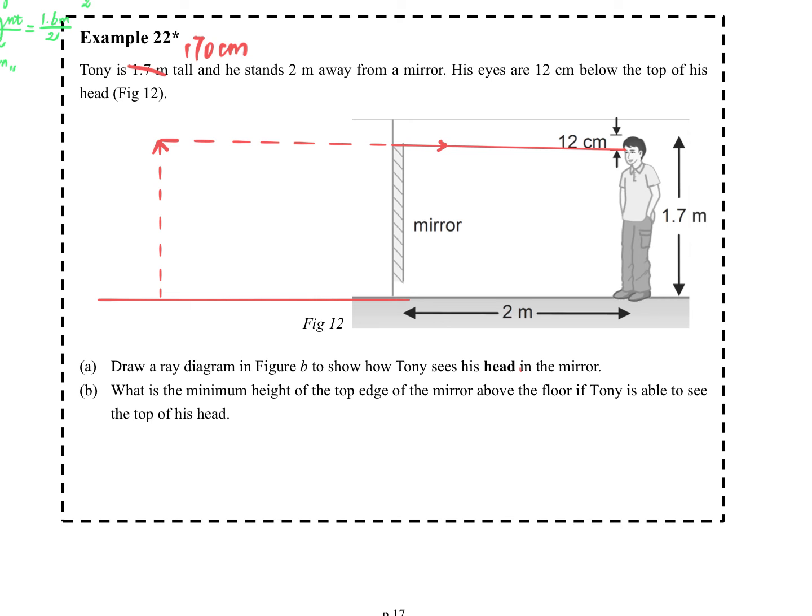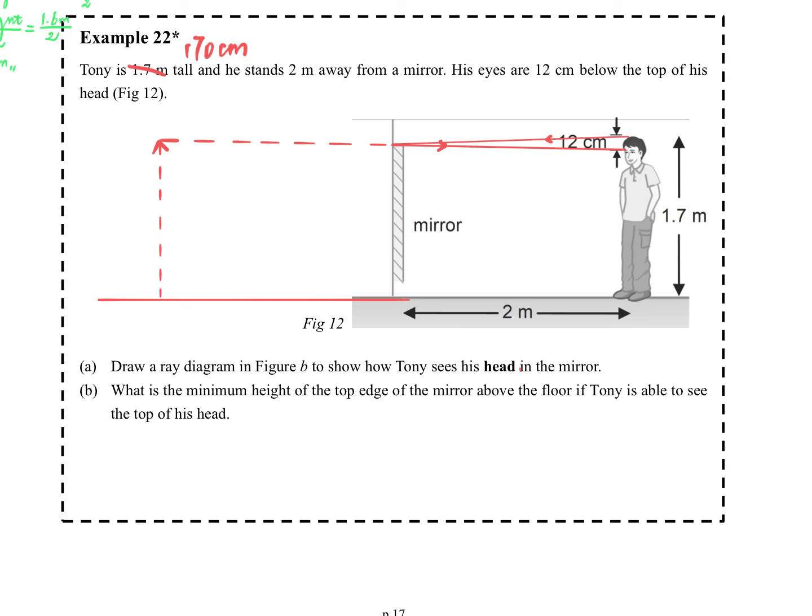He perceives that the light ray comes from the head of his image. But in fact, the light ray actually comes from his head, the object head. And therefore, the first step should be like this. This ray enables Tony to see his image head.